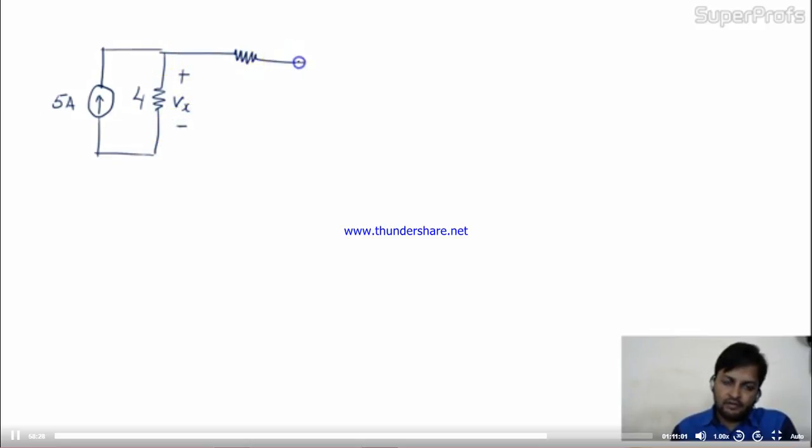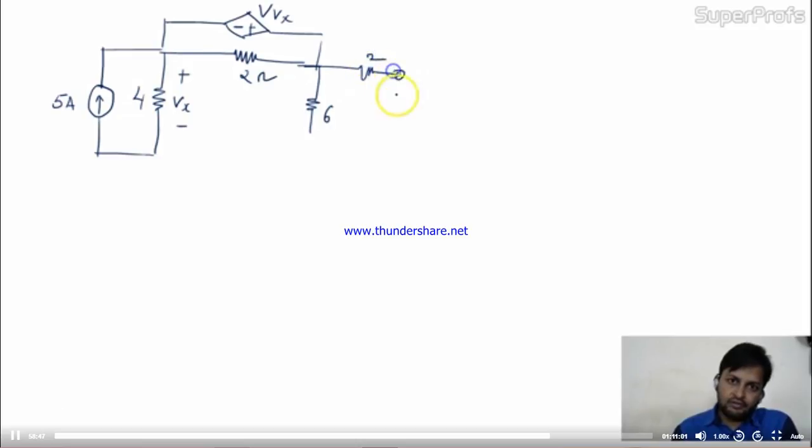This is a 2 ohm. Here the dependent source is given, minus plus, with value 4 Vx. Here it is 6 ohm, here it is 2 ohm, with terminals A and B.